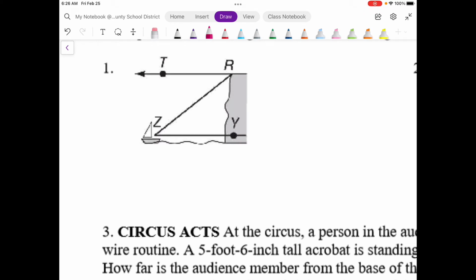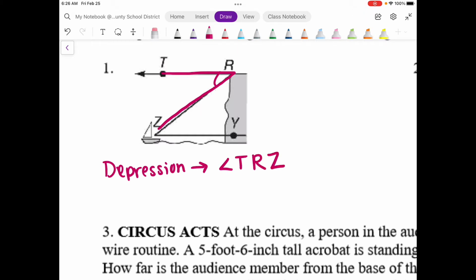In this case, your angle of depression, let's start with that one, would be this one. It kind of starts from the top, goes down. So my angle of depression is going to be angle, we started with the letter T, then we went towards R, ended up at Z. So that's my angle of depression.